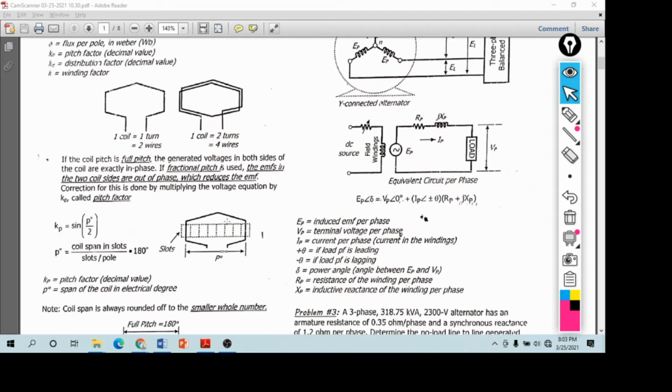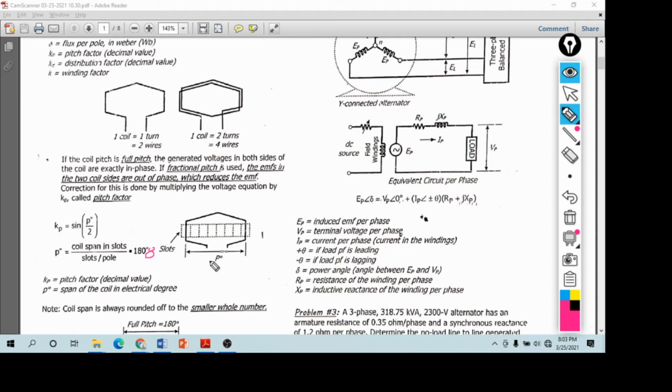Like for example, we have here, how many slots are there? 1, 2, 3, 4, 5, 6, 7, 8. So there are 8 slots. So your coil is inserted here, the first slot, and to the last slot.